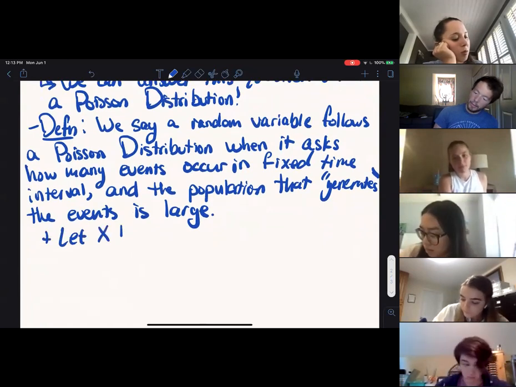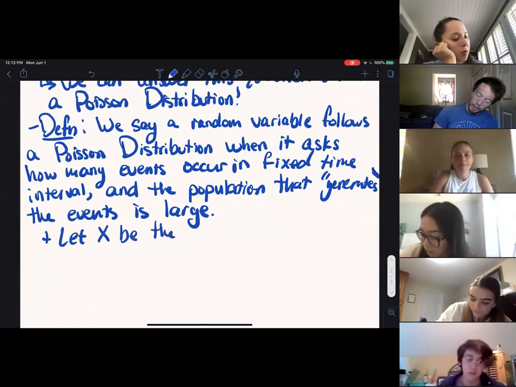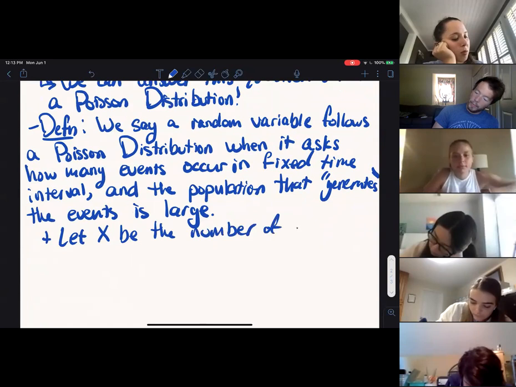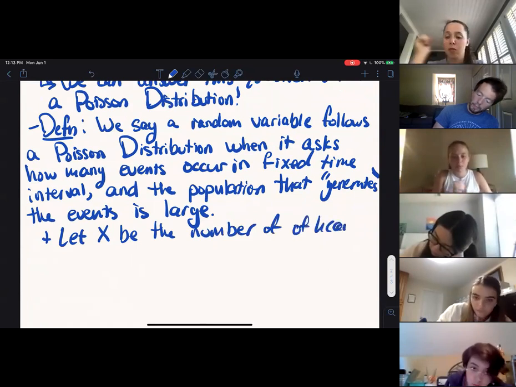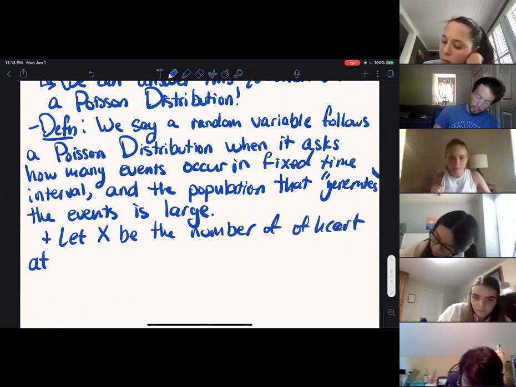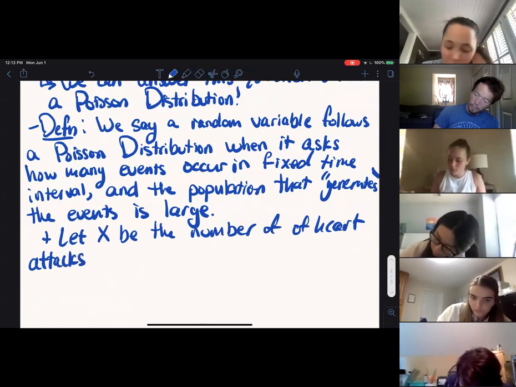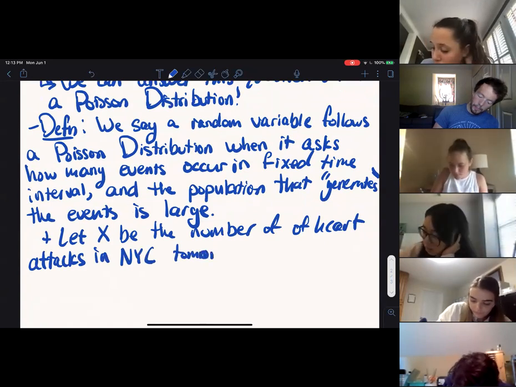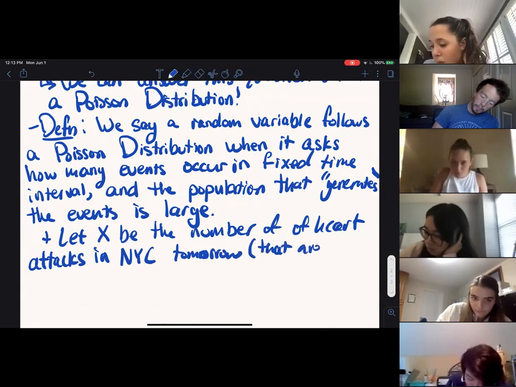Let X be the random variable, the number of heart attacks in New York City tomorrow that are hospitalized.